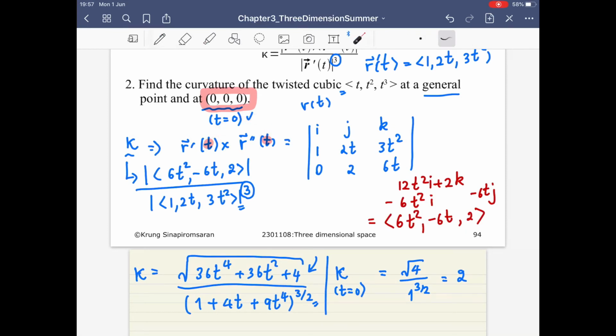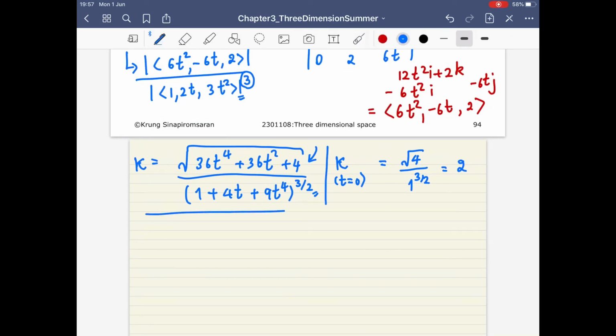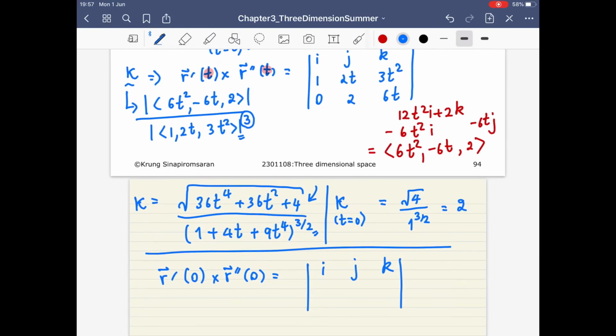You are going to find this cross product at the point under consideration, which of course will be pretty easy compared to the one that we just did, because lots of places will be replaced by 0, and then you are going to find the determinant very easily.